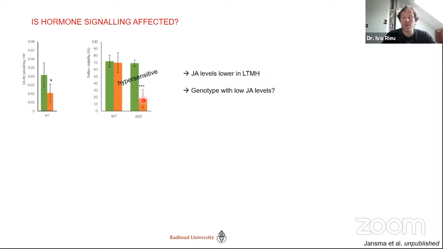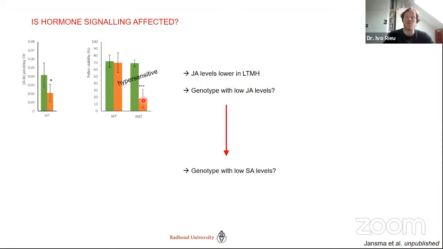Well, we would also like to complement it to see, well, what if we add extra jasmonic acid? And we've not been able to get that working. It's really difficult to apply chemicals to flowers and not actually get negative effects or get effects in your control.